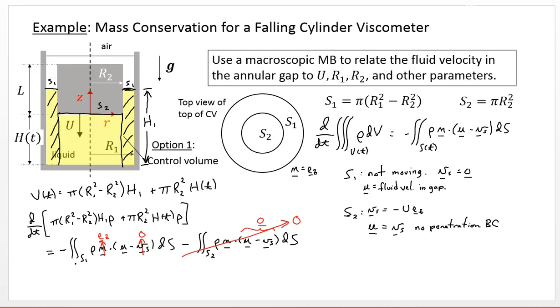And so the surface integral terms simplify to minus the integral over S1 of rho uz ds. Then we go back to this first term, and we see we're taking the time derivative of two terms, the time derivative of pi r1 squared minus r2 squared h1 rho. This entire term is constant.